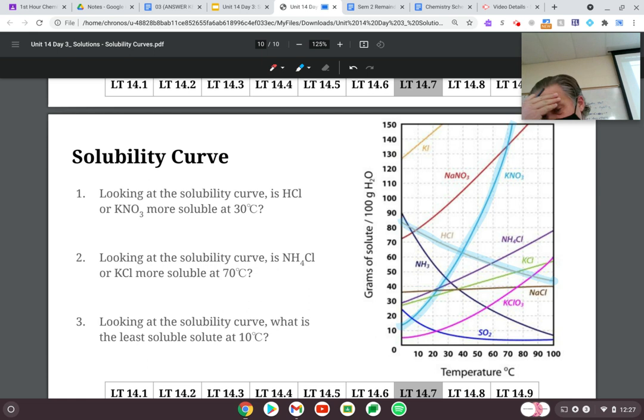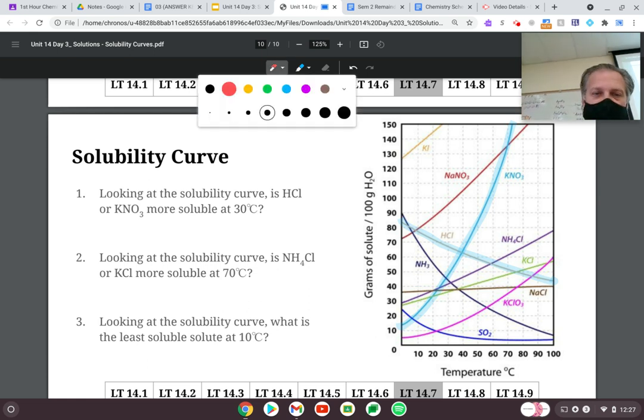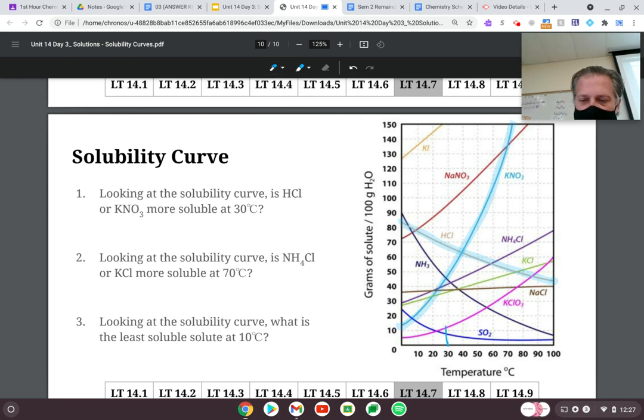And the question says, at 30 degrees Celsius, which one is more soluble? So I'm going to go to 30, just go straight up like this here. And it looks like HCl, because it crosses the 30-degree line higher up, is going to be more soluble. So in this case, the correct answer would be HCl is more soluble.